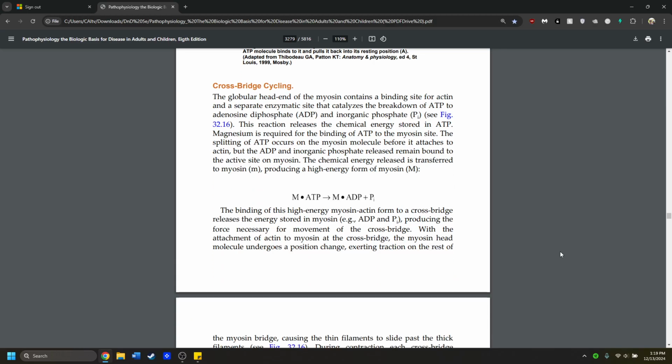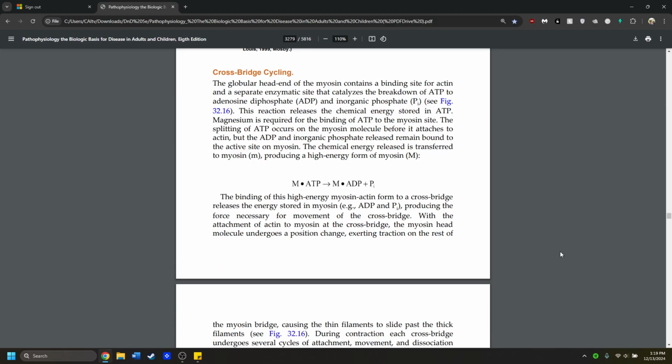So, looking at that cross-bridge cycle in closer detail, the globular head end of the myosin contains a binding site for actin and a separate enzymatic site that catalyzes the breakdown of ATP to adenosine diphosphate, or ADP, and inorganic phosphate, Pi, which is that figure I think we just looked at.